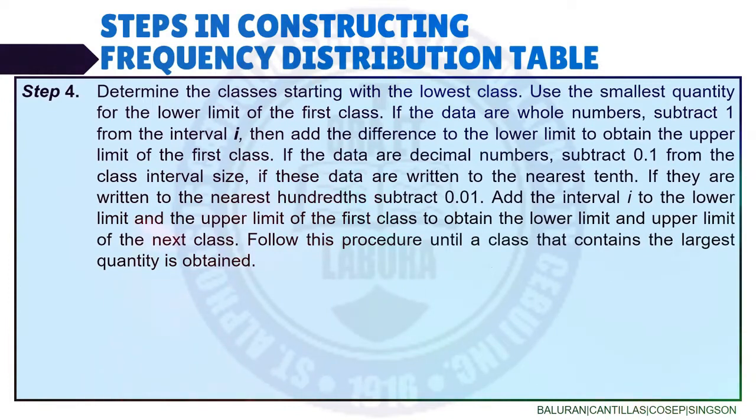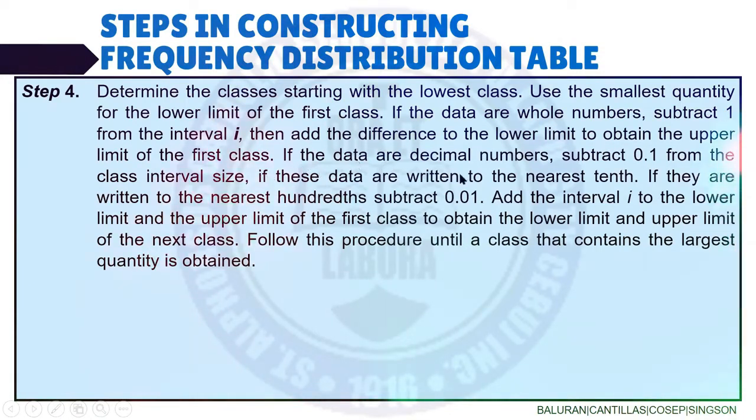We have to determine the classes starting with the lowest class, then use the smallest quantity for the lower limit of the first class. If the data are whole numbers, we have to subtract 1 from the interval, then add the difference to the lower limit to obtain the upper limit of the first class.